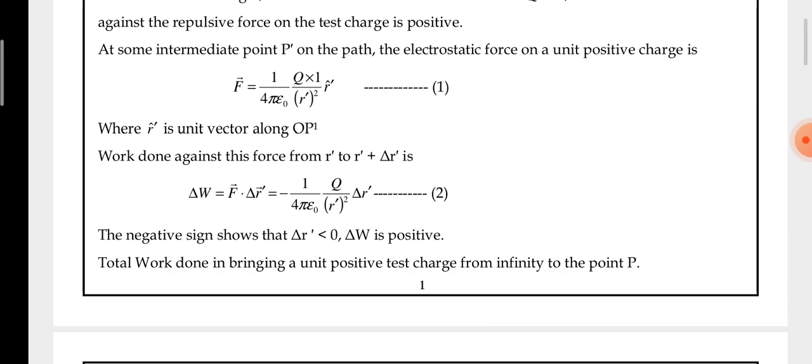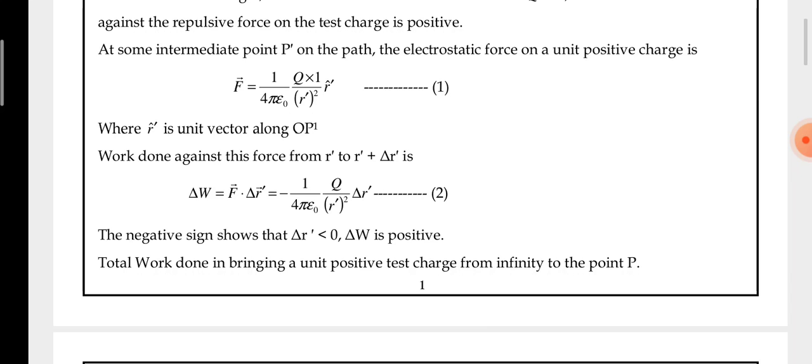Substitute the force from equation 1 in place of F bar, and write delta R bar as it is. The dot product is F delta R cos theta.